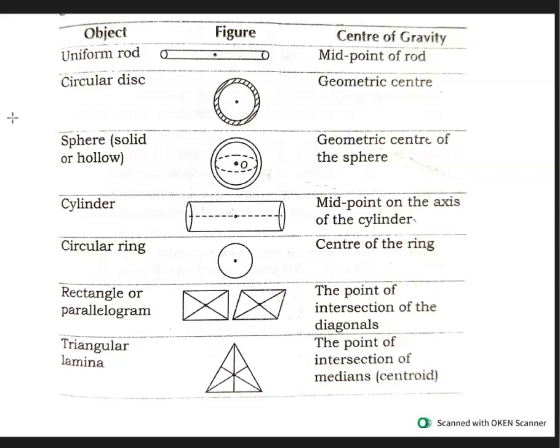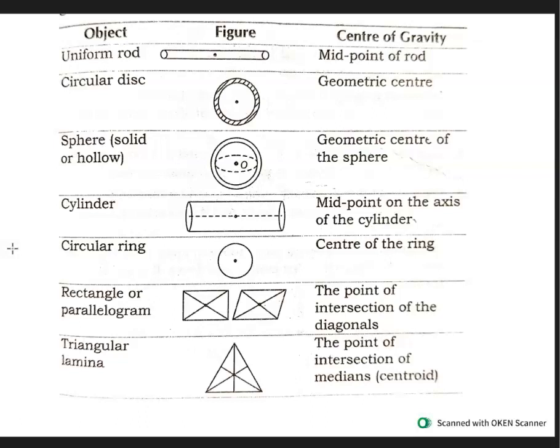For a cylinder, the center of gravity is the midpoint on the axis of the cylinder. For a circular ring, the center of gravity is outside the body, but it is at the center of the ring. For a rectangle or a parallelogram, the center of gravity is at the point of intersection of the diagonals.